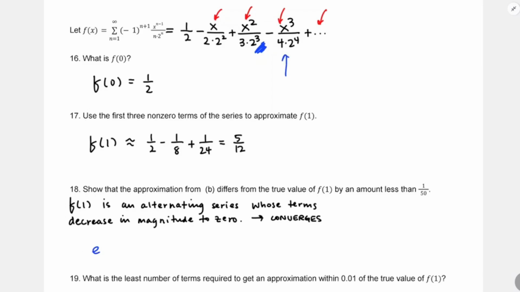And I'm going to say error less than or equal to, because we always start these error problems, absolute value of negative 1 to the third divided by 4 times 2 to the 4 is 16. So that's 1 over 64, which is less than 1 over 50.